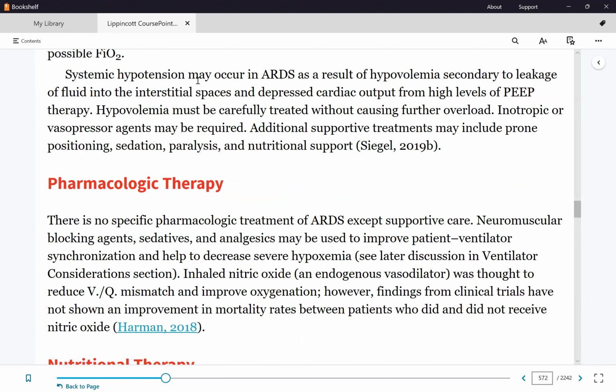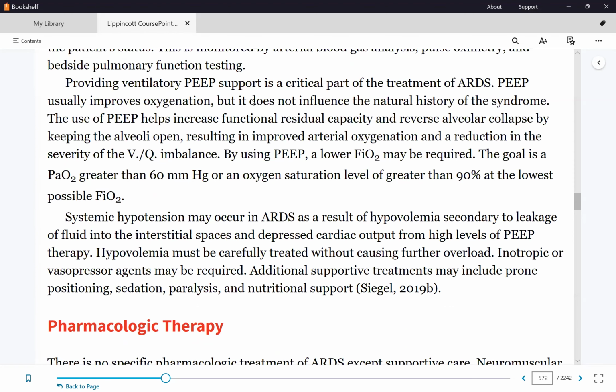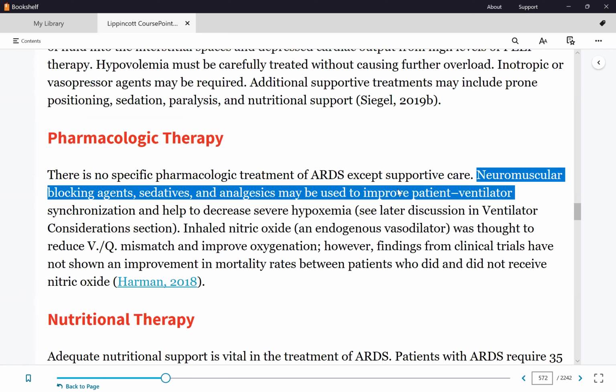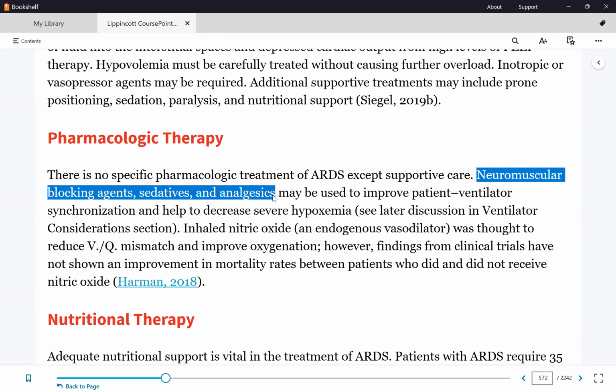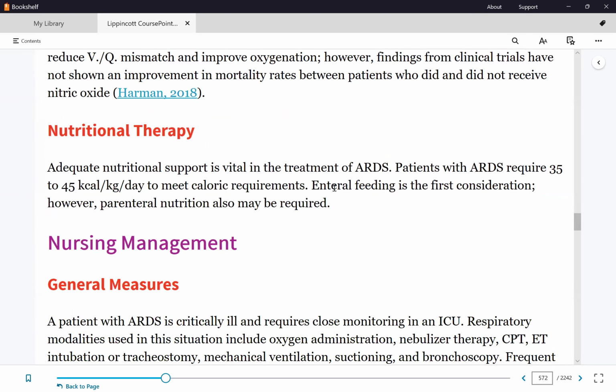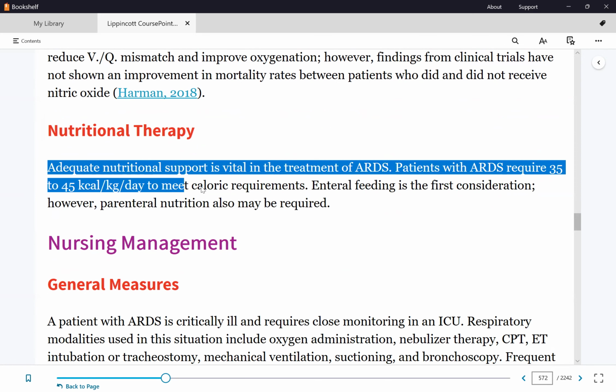And the other medications mentioned here are related to the intubation, because we have to sedate the patient and paralyze the patient. And whenever we sedate the patient, we assume there is pain, so we give them opioids as well. Don't forget to feed the patient. So we do insert NG tubes.